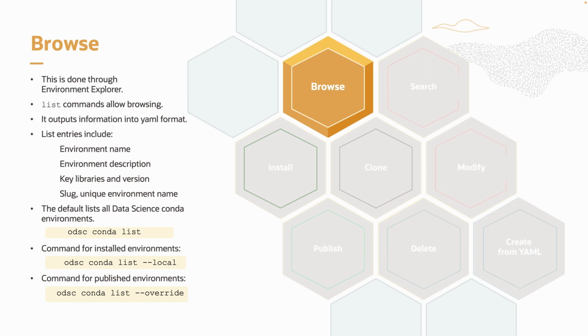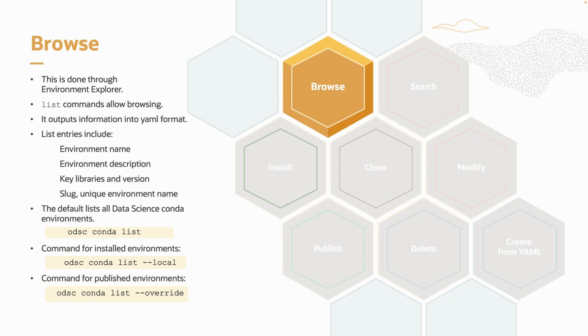By default, you would use the command ODSC Conda list, and this would give you detailed information about the data science Conda environments. If you're looking for information on what Conda environments you have installed, you would use that same command, ODSC Conda list, but in this case you provide the optional parameter local. This will limit it to just the Conda environments that are installed on your notebook.